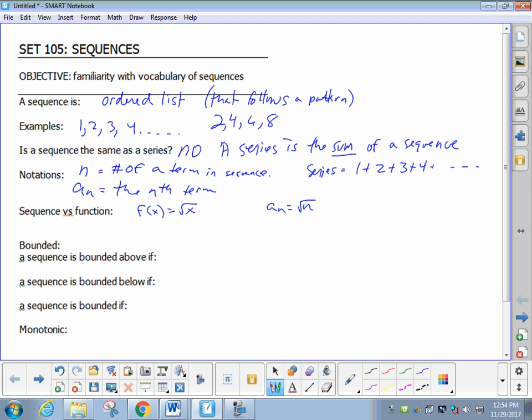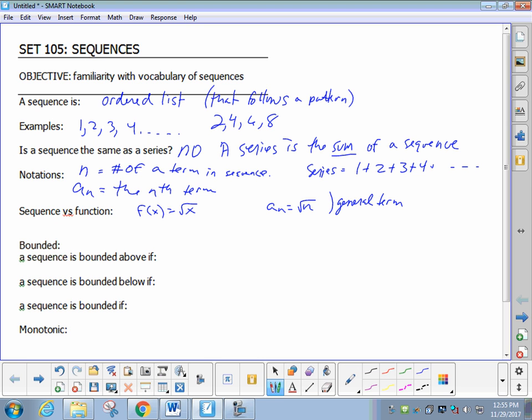In both cases, I could use that operation in either a function-y way or a sequence-y way to generate terms. This is called the general term. The rule that could tell you any term you want. If I ask for the 7th term, the general term could be used to find it. The 7th term would be, assuming it started at 1, root 7.